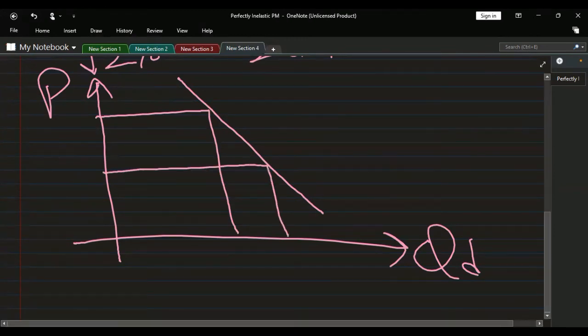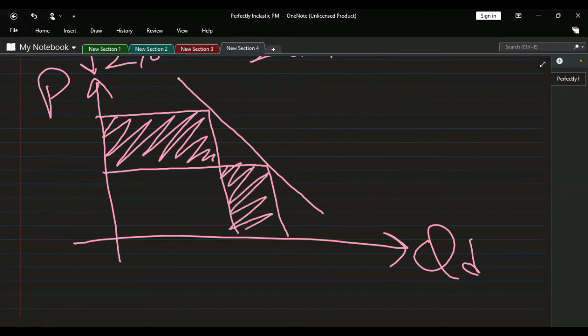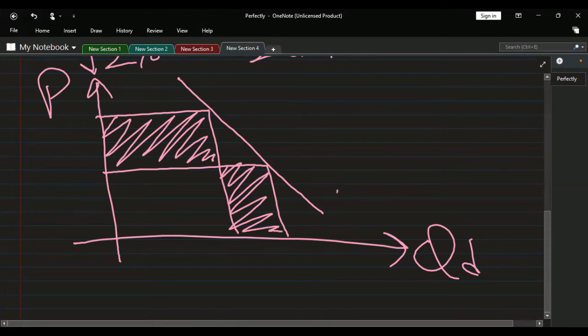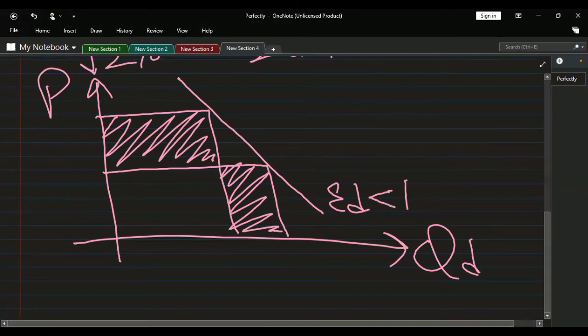You can see that there is a large change in the price section as compared to the change in quantity section. So this is called inelastic curve and also shown as elasticity of demand is less than 1.